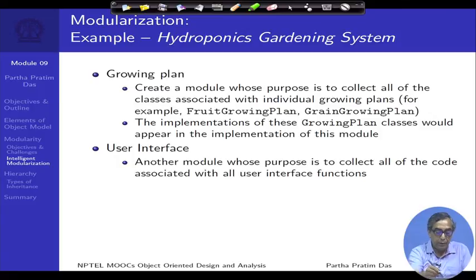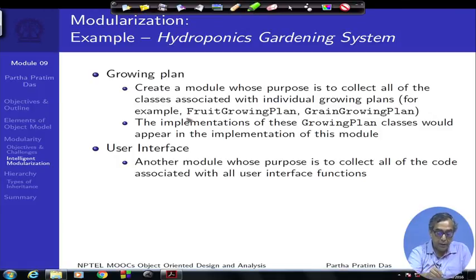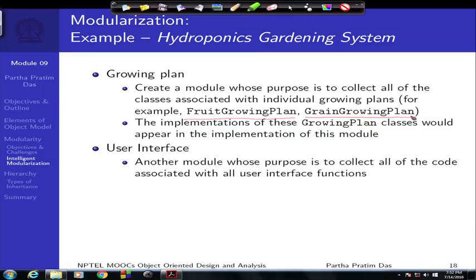In the growing plan module, you may have a growing plan for fruits, a growing plan for grains and so on. It will possibly be good to put these all together, and this relates to grouping interrelated abstractions together. It relates to simplicity.